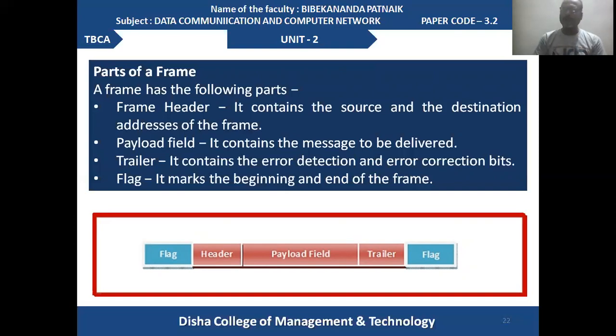And the third one is called the trailer. Obviously every individual content has a header part as well as a footer part. The trailer contains the error detection and error correction bits, because flow control and error control can be done by the layer. That's why the trailer contains the error detection.